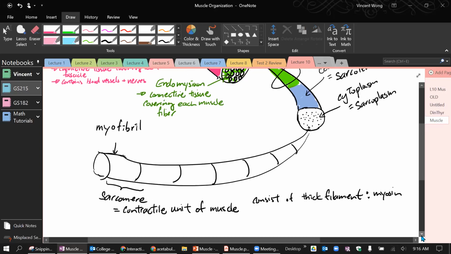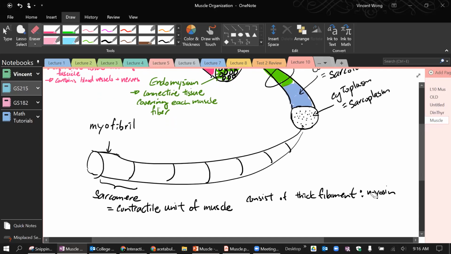Okay. This one has a head to grab onto stuff, and also thin filament, which is actin primarily, but there are also other things called troponin and tropomyosin.